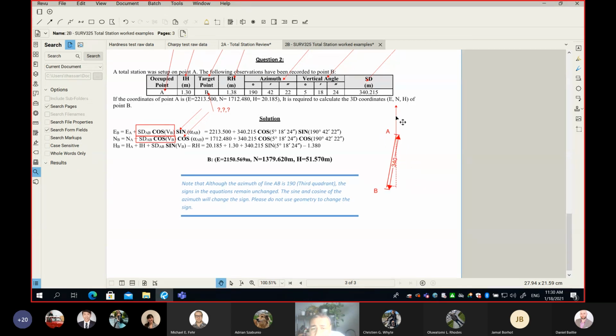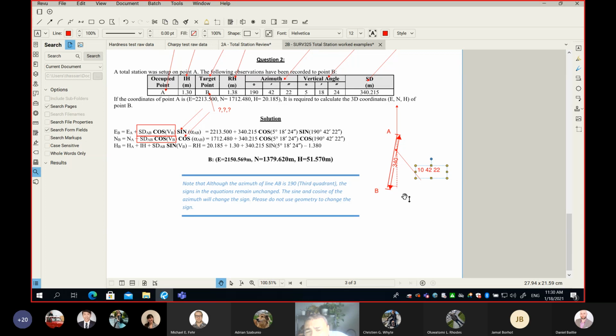Then they say, if the whole azimuth is 190 degrees 42 minutes 22 seconds, then this angle here is 10 degrees, 42 minutes, 22 seconds. They try to use all their mathematics skills to come up with how much is my easting component and how much is my northing component. And then finally, they subtract my northing from the northing of point A.